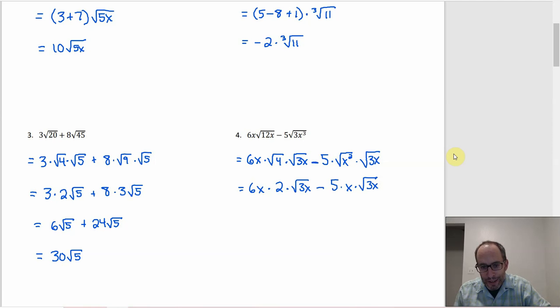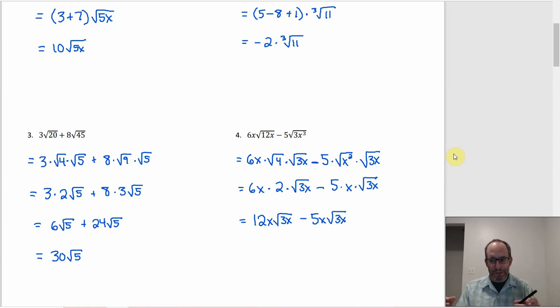All right, so 6x times 2 is 12x, so we've got 12x radical 3x minus 5x radical 3x, and both square roots, same radicands, right? 3x under the radical in both. So we can do the subtraction, and 12x minus 5x is 7x. So we've got 7x times the square root of 3x.